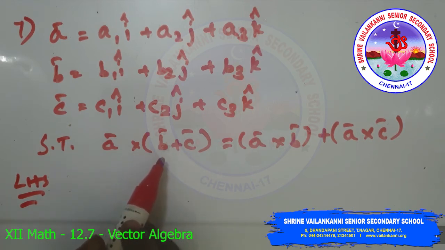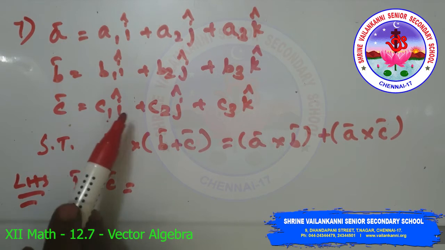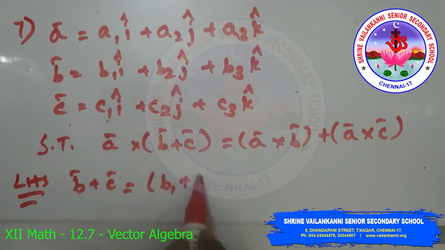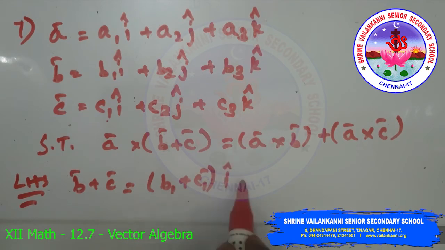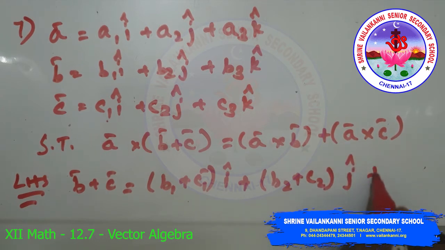Find the cross product using determinant. So B + C is (B1 + C1) i + (B2 + C2) j + (B3 + C3) k.